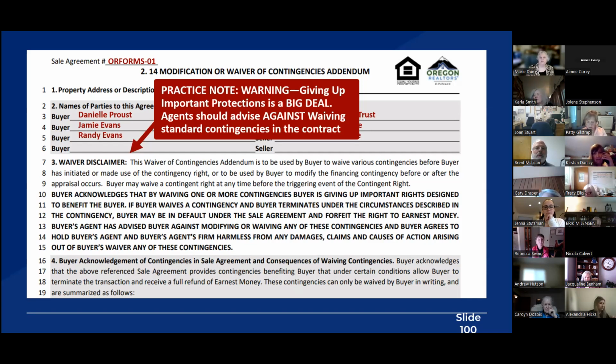The buyers are suing sellers for not disclosing information, and they're going to mediation. That's pretty much where they're heading right now, because they should have had the inspection. So we don't want you doing this, but if they are going to do a waiver of contingencies, have them go over this form and make sure they understand it and the reasons why.